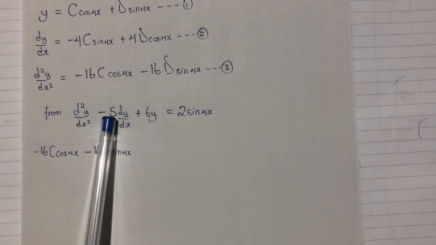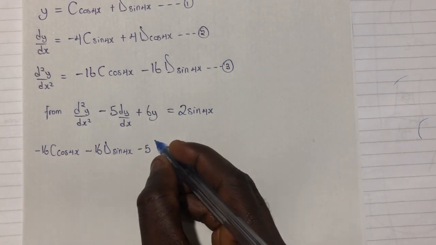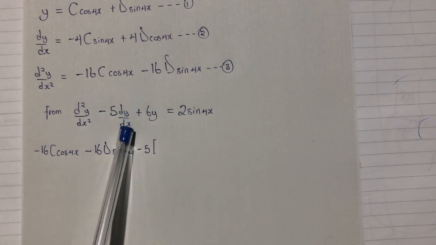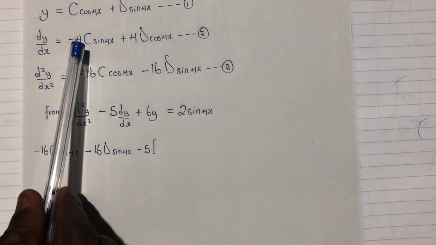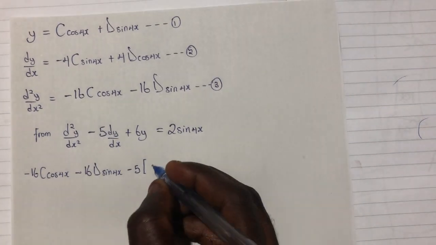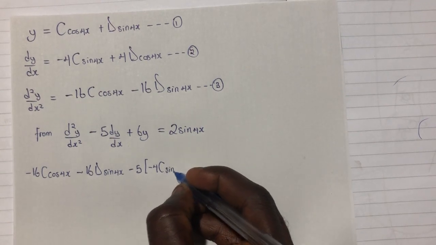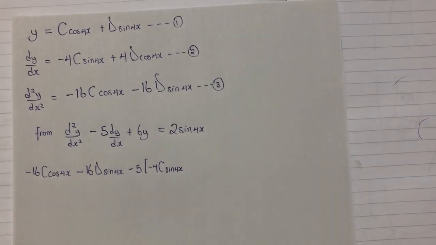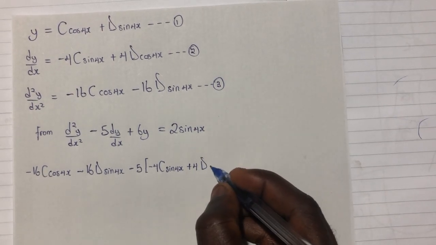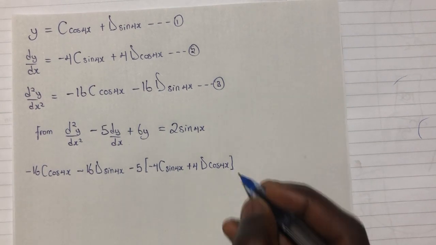I'm done with that. So I'll bring my minus 5 into bracket. Now this minus 5 is multiplying the first derivative dy/dx, and dy/dx is everything we have here. So now you put it inside. We have minus 4c sine 4x. Then we have plus 4d cos 4x, bracket close.